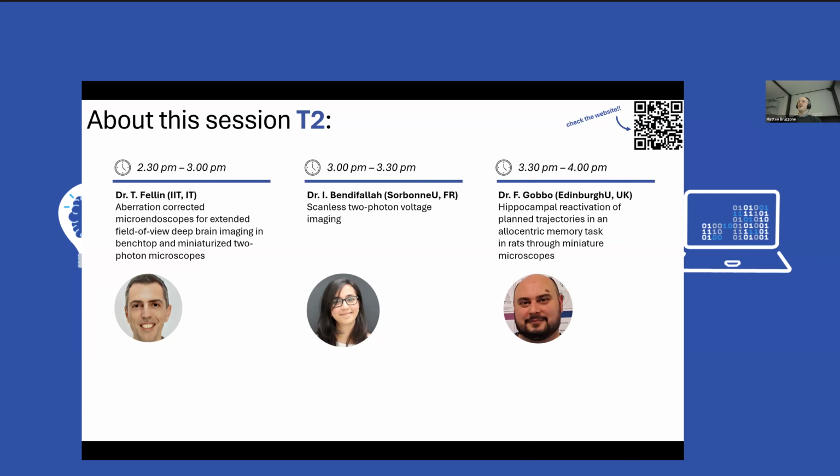Then we will move to scanless two-photon voltage imaging with Dr. Imane Bendifallah. And we will end with Dr. Francesco Gobbo from the University of Edinburgh, who will show us how we can use a miniscope, a miniaturized microscope, to disentangle computation in the hippocampus.